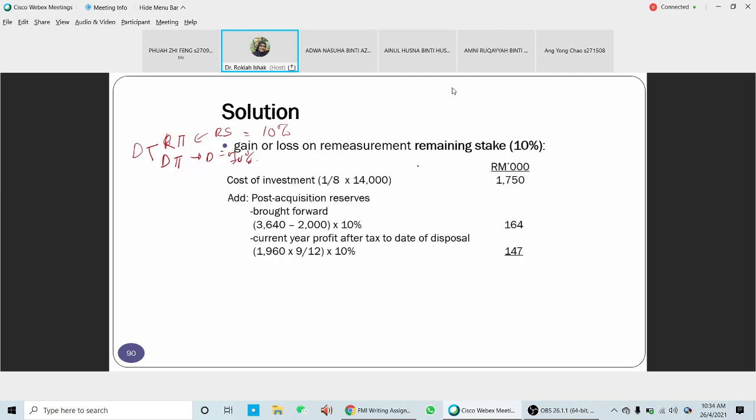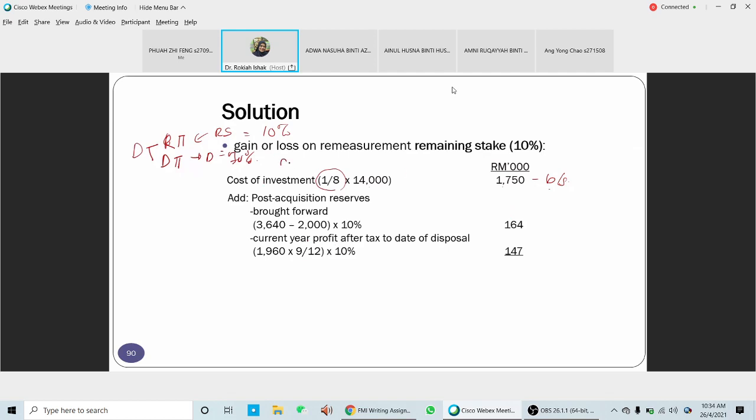Okay, the cost of investment here is 1750, given, or you can calculate it from 1/8 times 14, or else just refer to the balance sheet information. 1750. Because we want to find the carrying amount, we want to find the new CA for the remaining stake.